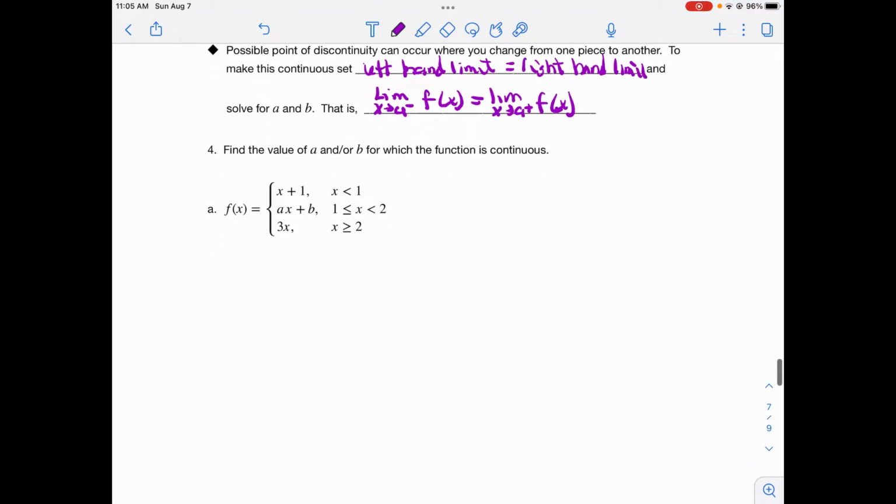All right, so here's an example. This is our f of x definition. Now notice that our pieces are broken up at 1, in between the top and the middle function, and at 2. So we're going to have to do this twice, at x equals 1 and x equals 2.